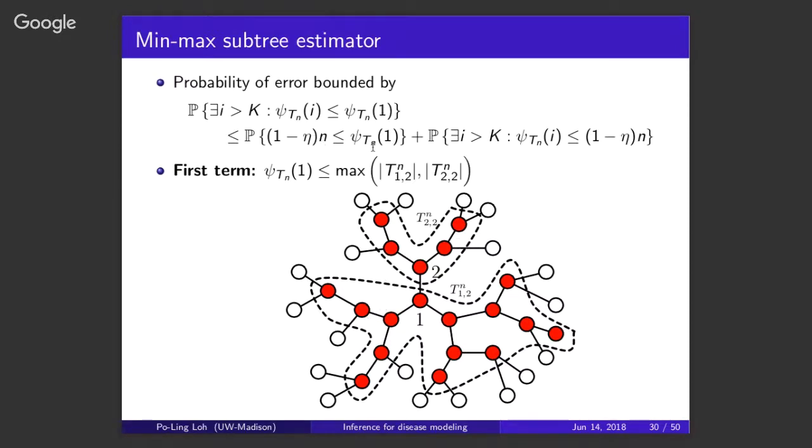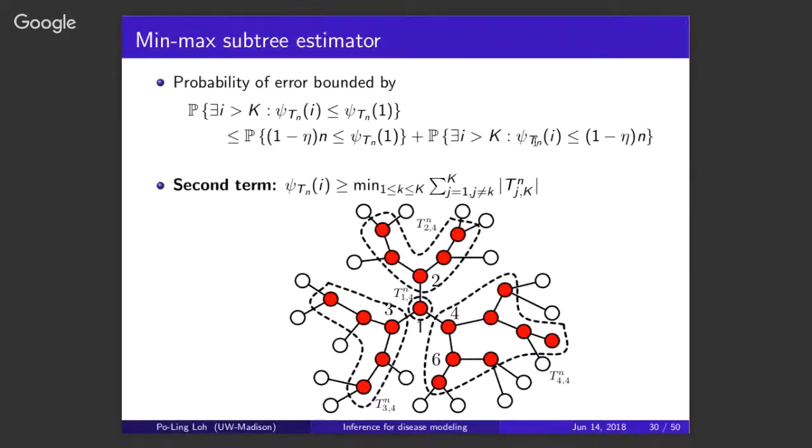The expression we want to control has these values psi, which are hard to analyze because they have to do with the min-max of lots and lots of trees. So for the first term, if we can find an upper bound in terms of two trees that we can control, then we replace it with that. And for the second term, if we can lower bound the psi criterion with something that depends on certain other trees, then we can replace it with that. So that's the general idea.